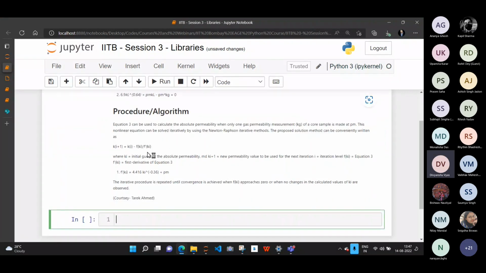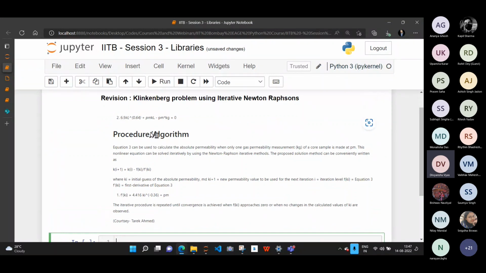All right. So if you can see it, basically, this is the equation that we have, f of kl. Okay, 2.69 kl to the power 0.64 plus pm multiplied by kl minus pm multiplied by kg. Here pm is, because this is being run on a core sample, the mean pressure across the ends, P1 plus P2 by 2, something like that.